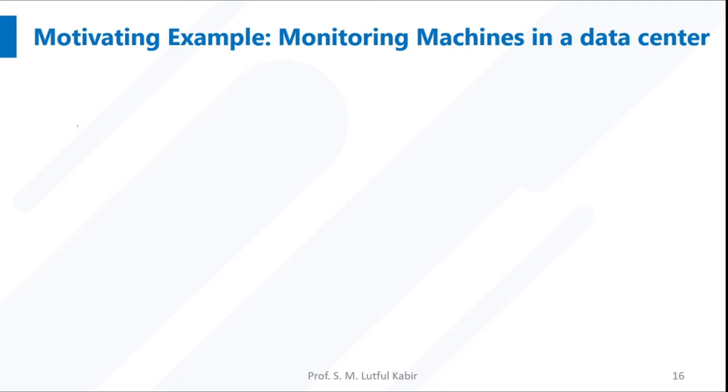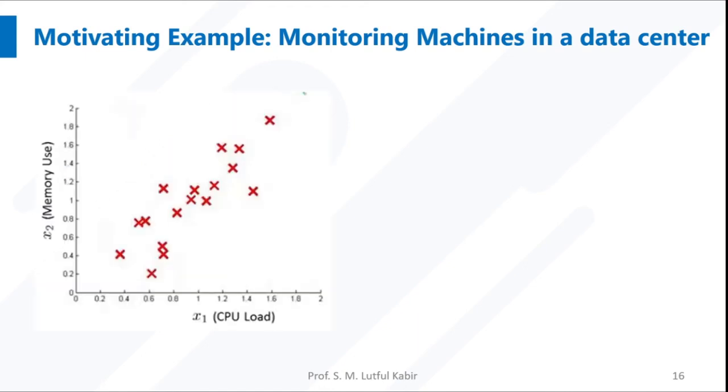So we may search for a method where, in the multivariable case, we can determine the anomaly detection very easily by a new technique. Let us discuss a motivating example for why you want to search for such a new technique.